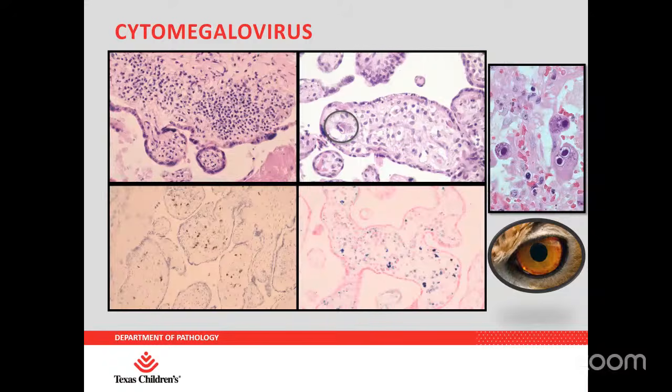Confirmation usually requires immunohistochemistry or in situ hybridization, and you can sometimes get hemosiderin accompanying chronic vascular injury as a non-specific clue. The prognosis is poorest when the inclusion bodies and plasmacytic villitis are present, and overall CMV remains a major global cause of congenital infection and disability.